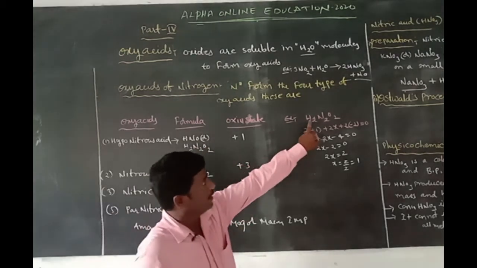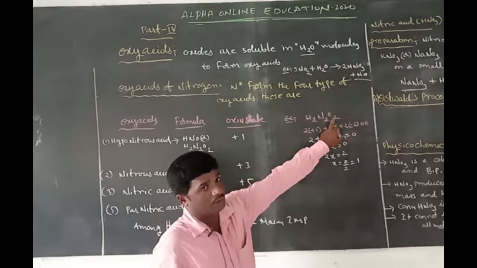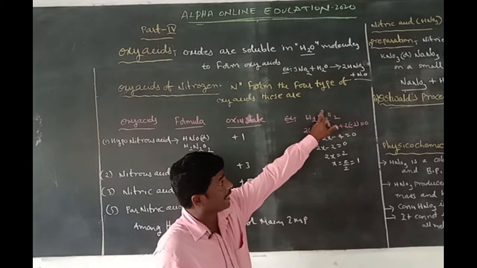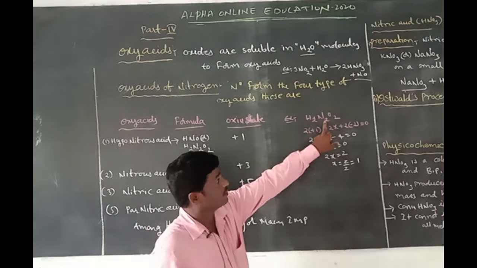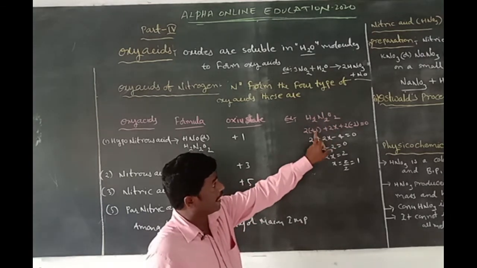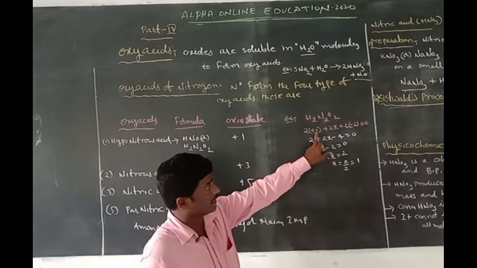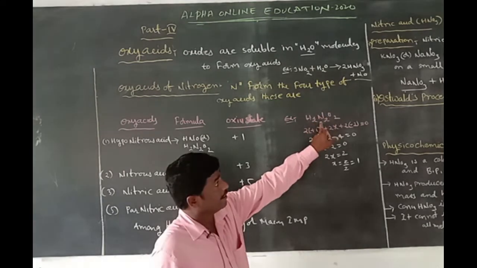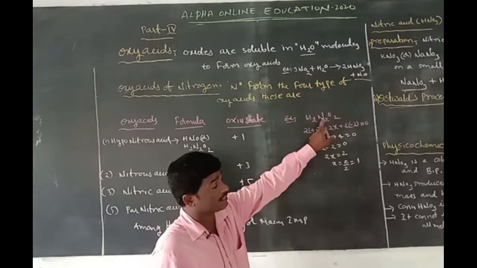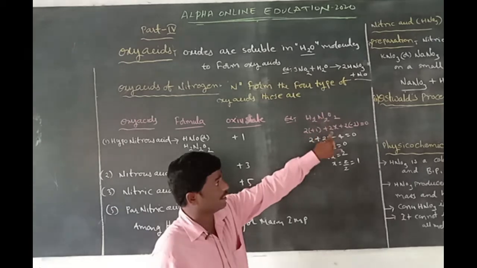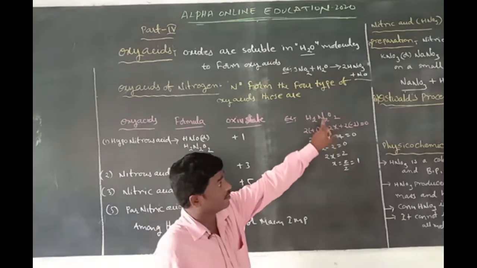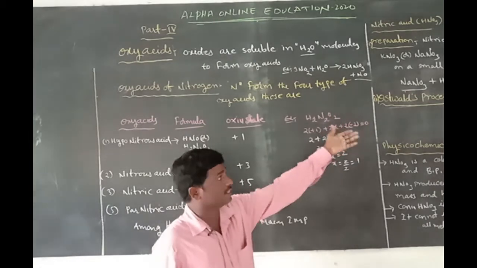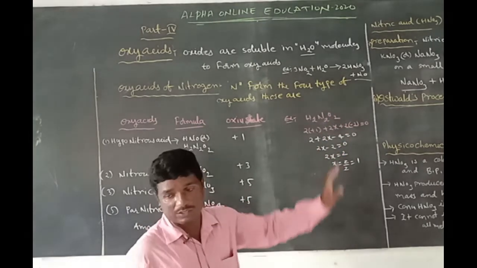For example, take the hyponitrous acid formula H2N2O2 and identify the nitrogen oxidation number. Two hydrogen atoms with oxidation state +1, and 2x for the nitrogen, and two oxygen atoms with oxidation state -2, which together equal 0. So 2 into +1 is +2, plus 2x, plus 2 into -2 is -4, equal to 0.